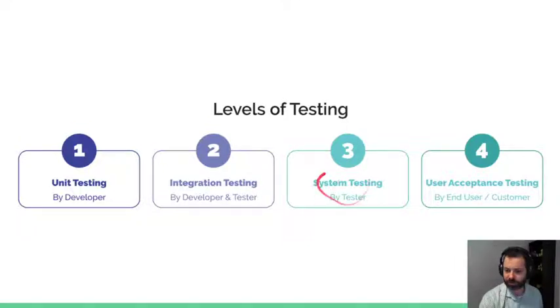The next level of testing is system testing. This is your system as a whole. Basically, take all of your little modules, widgets, components, whatever they are, put them all together in one big happy application, and then test it as a whole. Check that all of your requirements are being satisfied, that everything you're saying this application should be doing is actually happening.